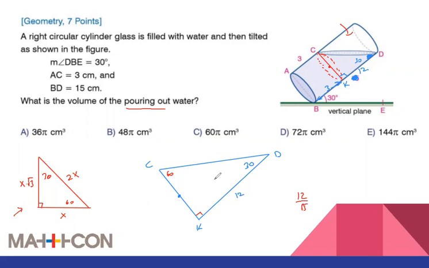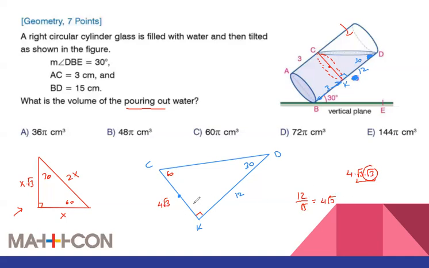If that doesn't make sense, just divide 12 by √3. Multiplying numerator and denominator by √3 gives 12√3 over 3, which is also 4√3.